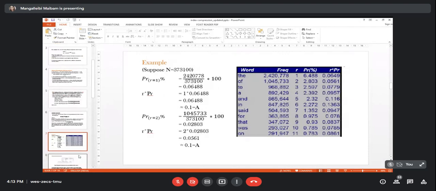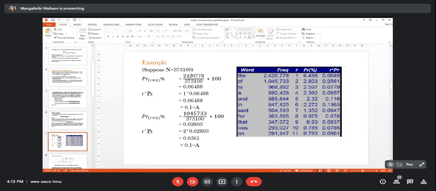So I think all of you have done this example. In the last class I asked you to solve this one, to check whether you get the same answer or not. The value for R into PR, rank into probability, will always be equal to A. A is some constant and its approximate value is 0.1.